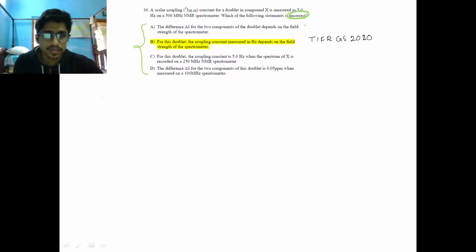What is the basic thing? See, chemical shift. As you know, the chemical shift in NMR spectroscopy, which is designated as delta, is reported in two units. One is ppm and the other one is Hertz.